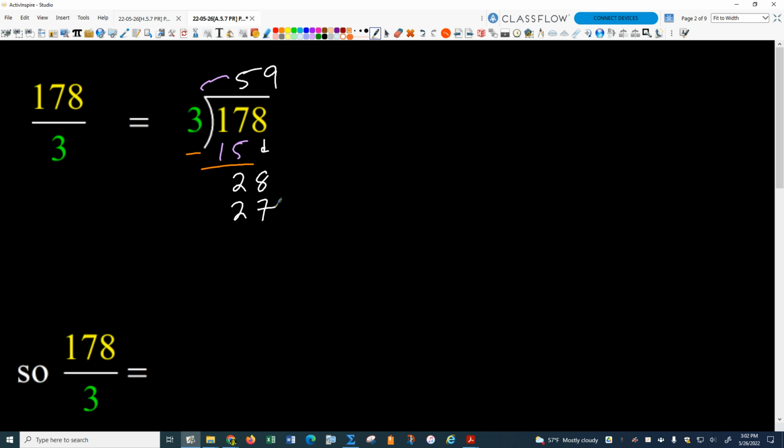So 9 times 3 is 27, and then we subtract. 28 minus 27 was 1, and what did we call that 1? That's the remainder, because now that's smaller than what was in the denominator, right? Smaller than what is dividing into the original number. It can't go into that, so that's what has to remain. That's what remains over the denominator.